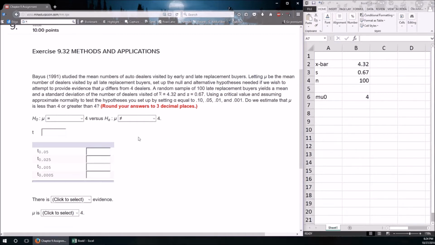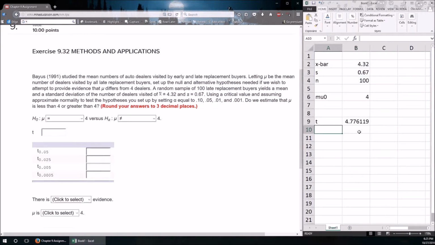Now we calculate our test statistic. Remember from the book the formula for the test statistic. It's a fraction. In the numerator, it's going to be what we observe minus what we hypothesize. In the denominator, it's going to be s divided by the square root of n.